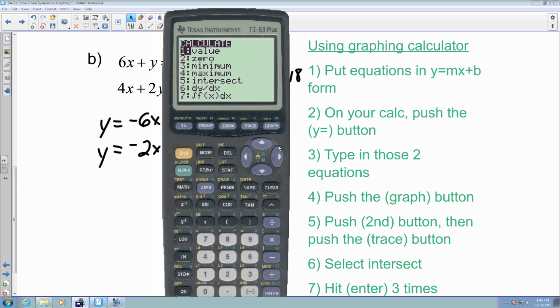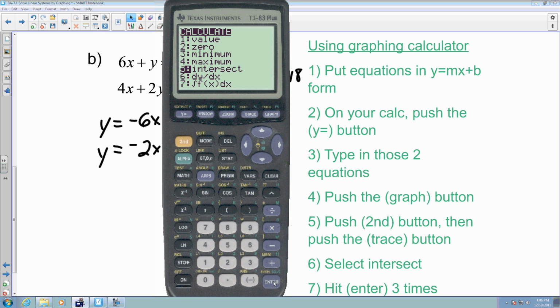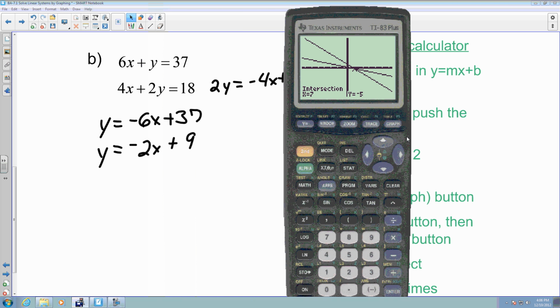So go down with the cursor to 5, intersection, and click on it. It's going to ask you for the first curve, second curve, and guess, so in essence you're going to hit enter 3 times. 1, 2, 3. And now you see you have the intersection. The intersection here is 7, comma, negative 5.